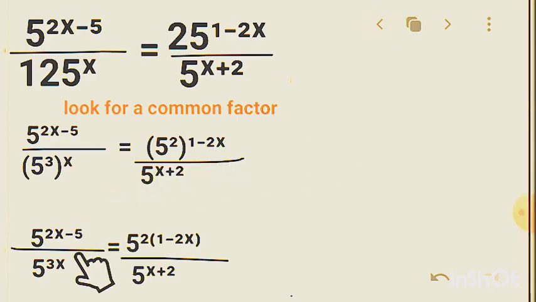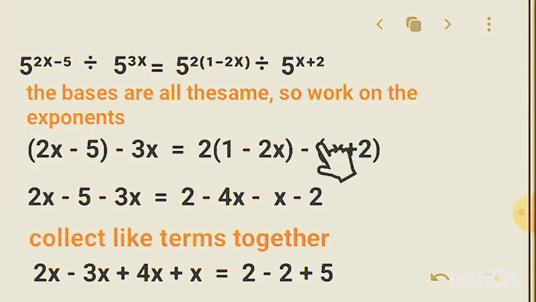Because this is a line, it means we are dividing. So we just write it out in a different form. 5 raised to the power 2x minus 5 divided by 5 raised to the power 3x is equal to 5 raised to the power 2 into (1 minus 2x) divided by 5 raised to the power x plus 2.